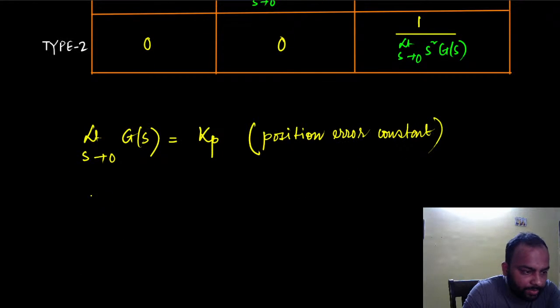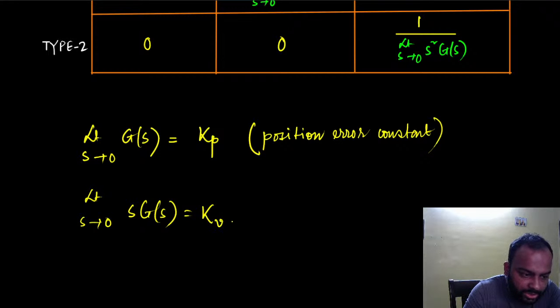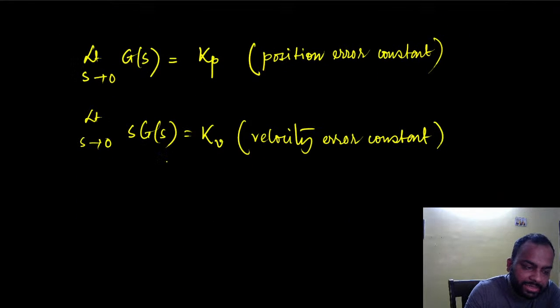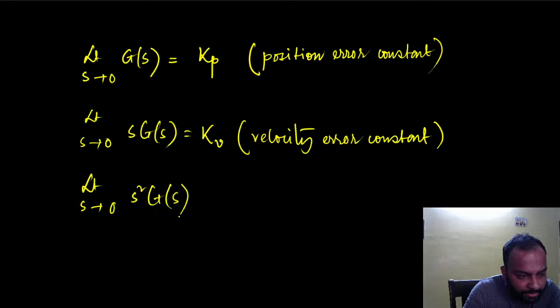They have special names. The next one is called the velocity error constant. You can understand why, because this is related to error due to a velocity input. And s square G(s) is called the acceleration error constant.